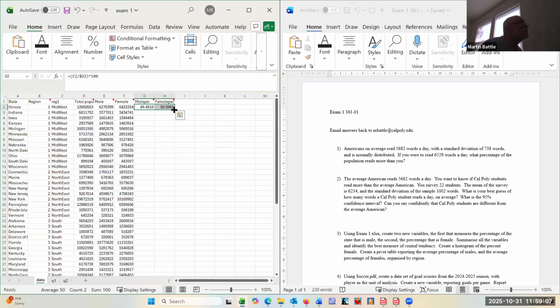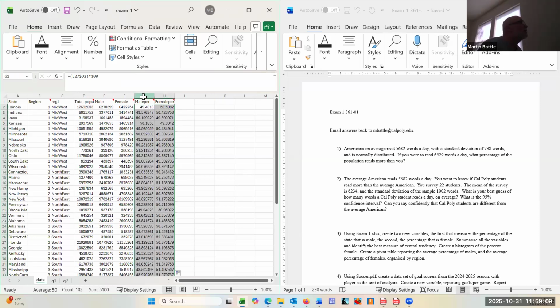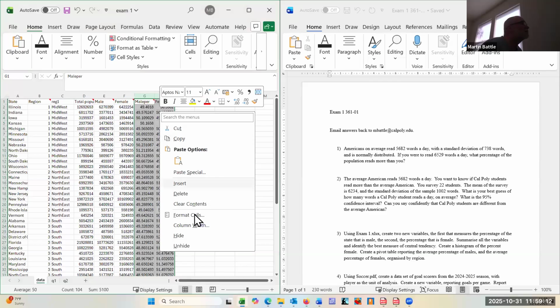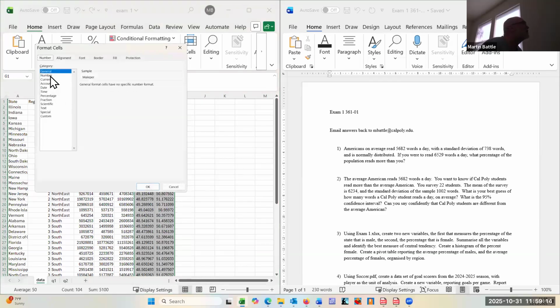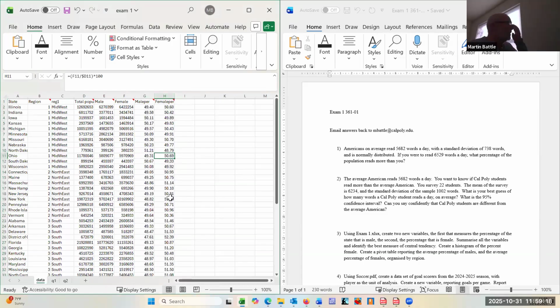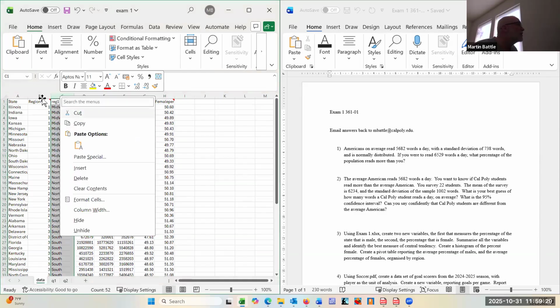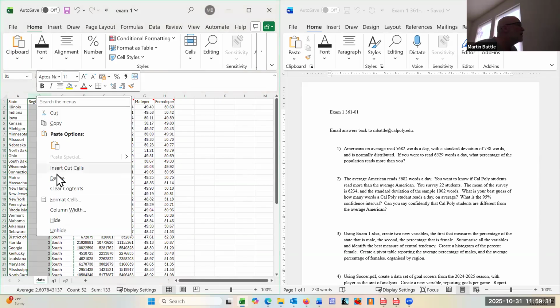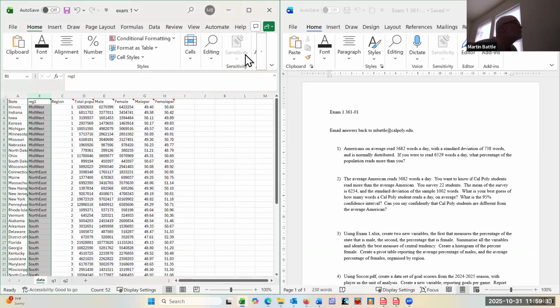I'm going to highlight. I'm going to then format these to make them look good. Number, 2 decimal places looks good. And that's that created. Now I've created those new variables, I'm going to summarize all the variables. So let me cut this and insert it in front of region.